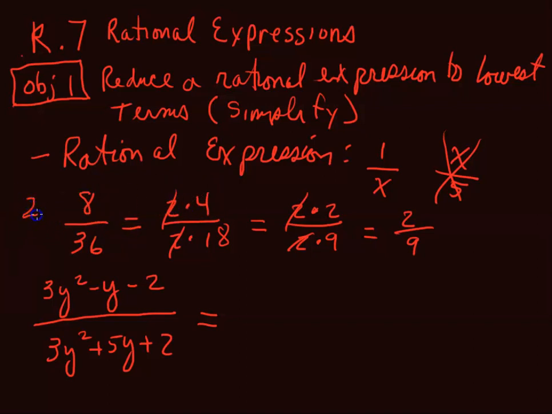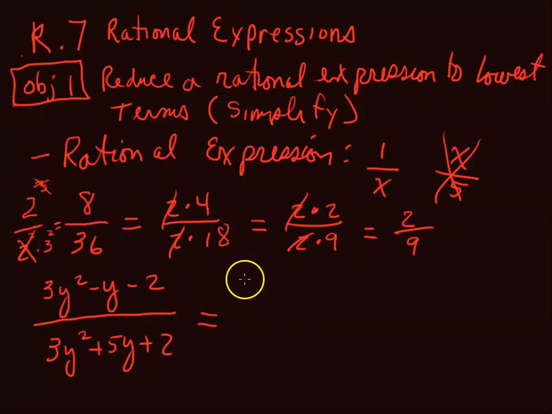For 8, it's 2 to the 3rd. For 36, it's 2 times 2 times 9, which is 3 times 3, so it's 2 squared times 3 squared. And if I had all that prime factorization down to prime numbers, then I can say, 2 of these will take care of these 2, and I can't do anything else. That's the 2/9 that's left.